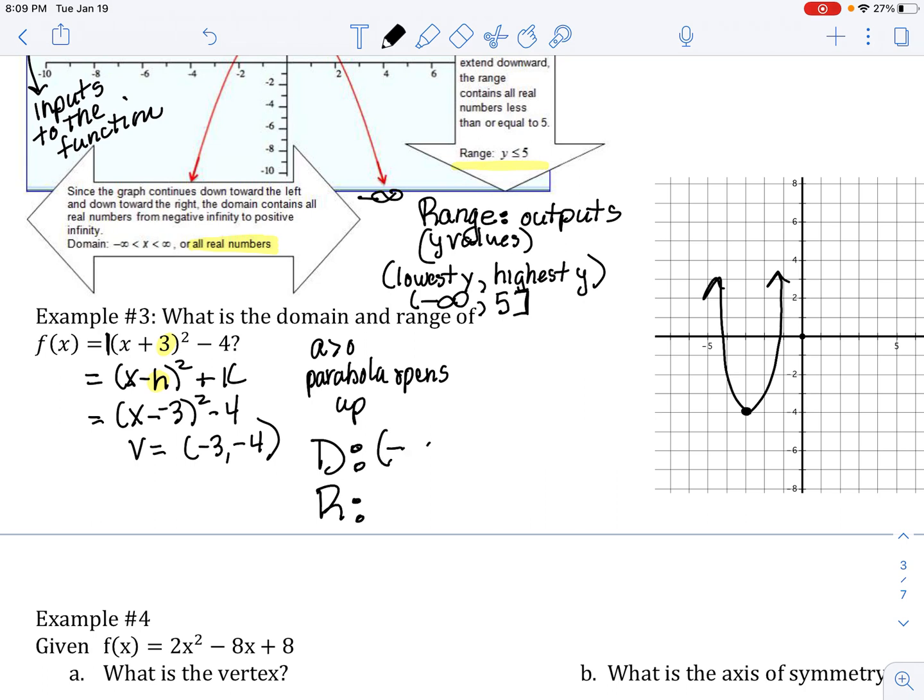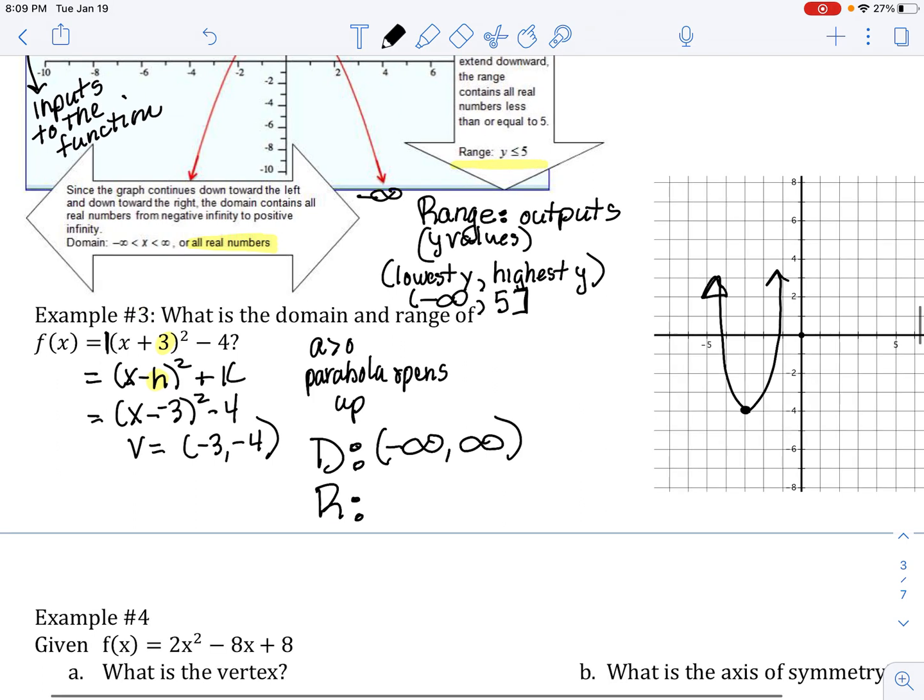Okay? The domain, it's always negative infinity to positive infinity. The range, well, let's look right up here. Lowest y to highest y. Now, those arrows that I put on my graph are important because those arrows are shooting for the sky. They are shooting upwards, and upwards means they are going towards positive infinity.